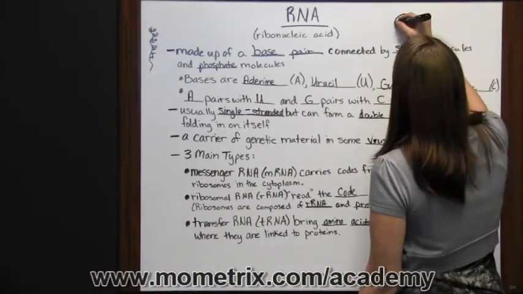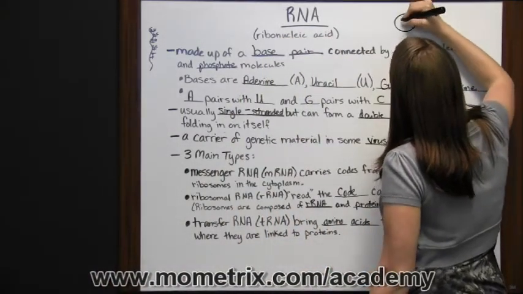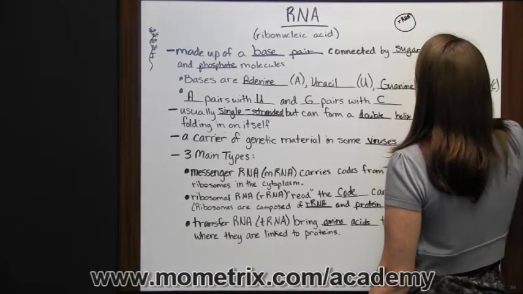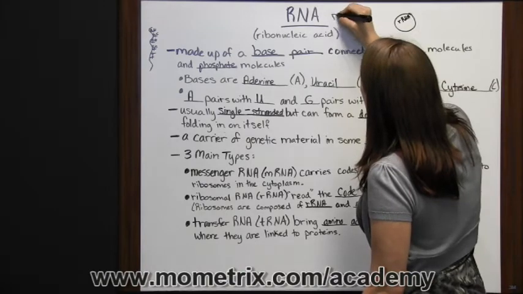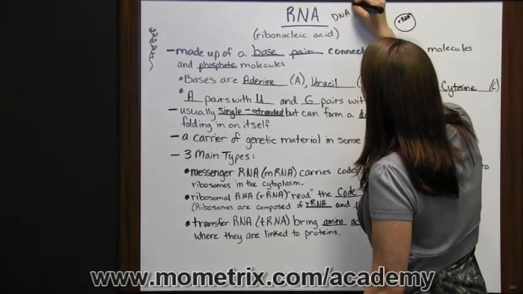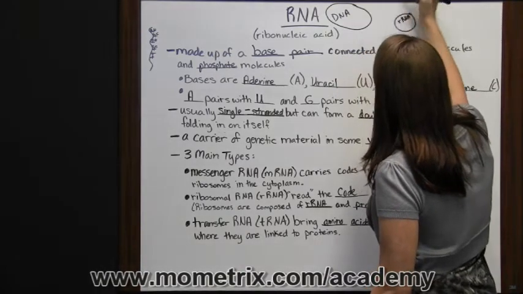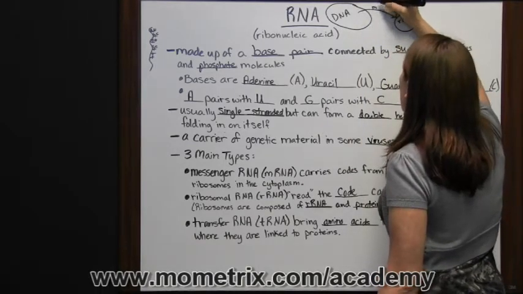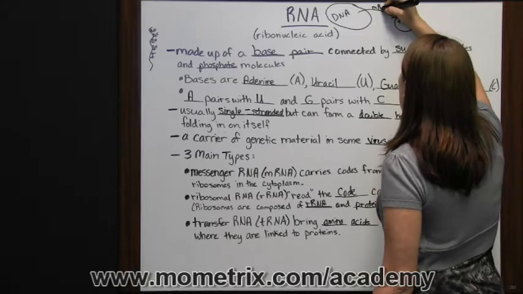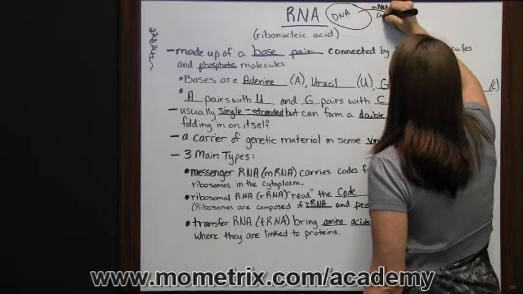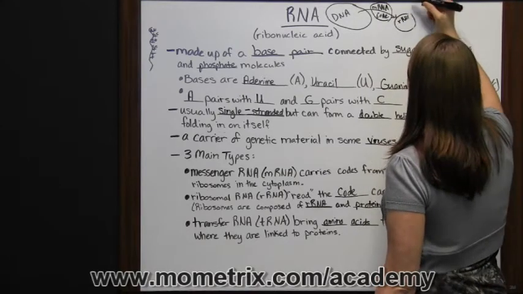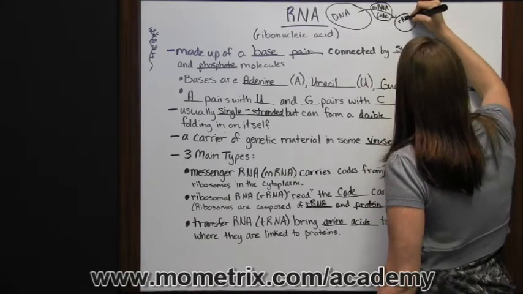So let's say we've got our ribosome, and so you've got RNA, your ribosomal RNA in here. Well, you've got DNA in the nucleus over here, and it's going to get transferred to RNA via the messenger RNA. So it's going to send that code along, and it's going to come into the ribosomal RNA.